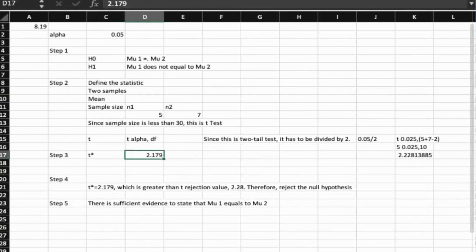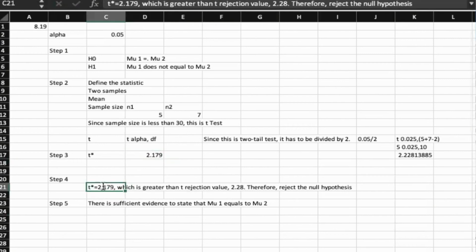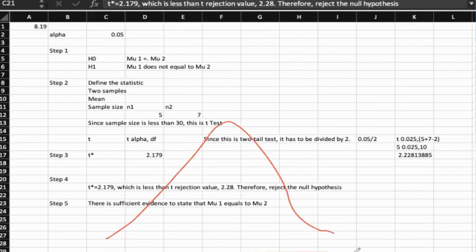This is 2.179, right? So it's less than the rejection value 2.28. Let me draw it for you. We have the t distribution here, this is t, and this is 0.